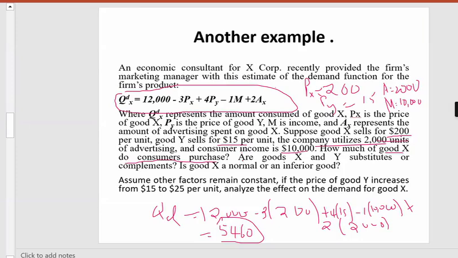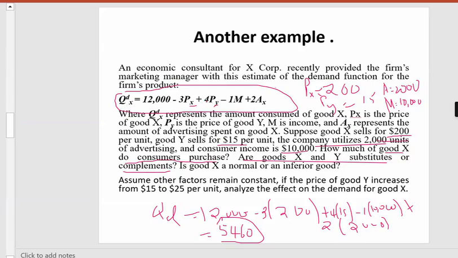Now, another question they are asking you: are good X and good Y substitute or complement? How do you realize that this good X is a substitute or a complement? When you say substitute or complement, you just rely on the price.